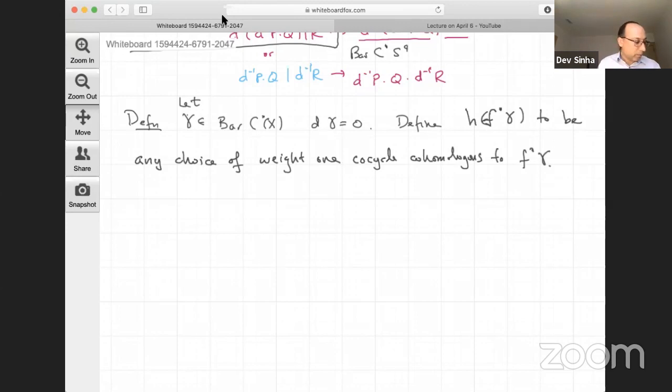Okay, and then define our Hopf invariant. I'll just call it eta of gamma.